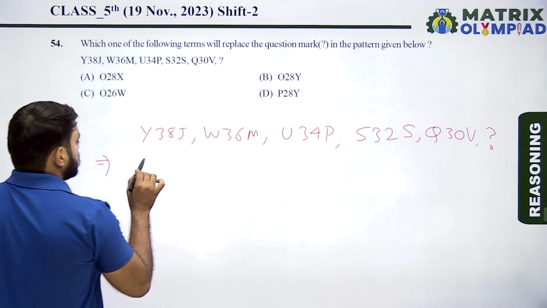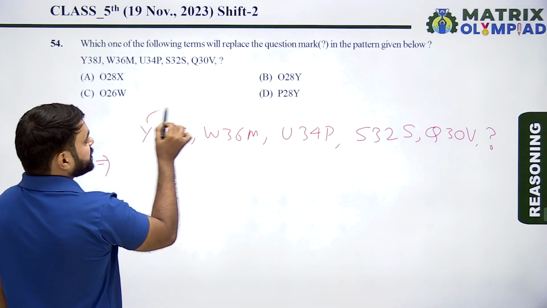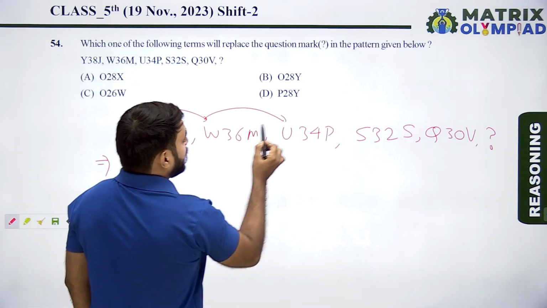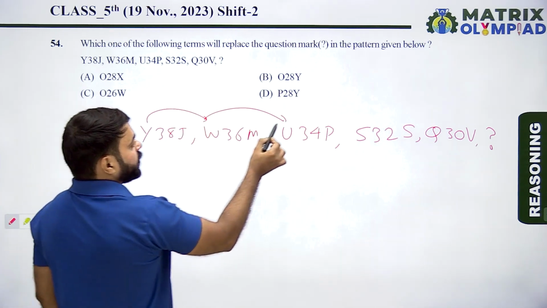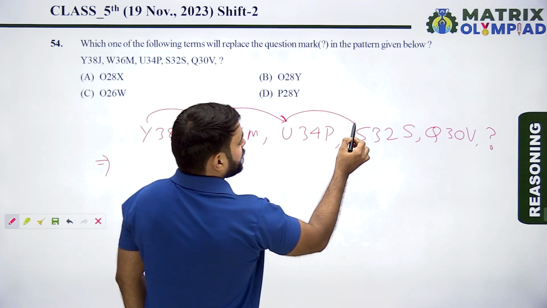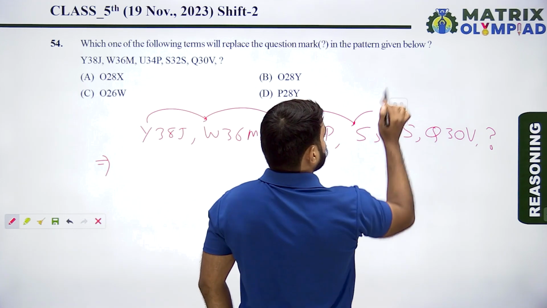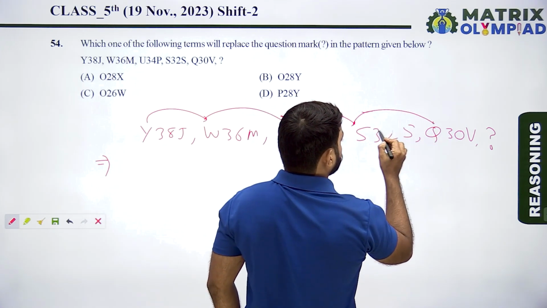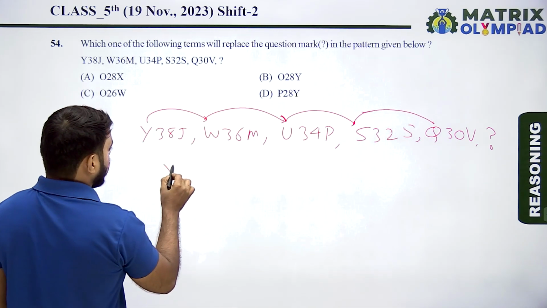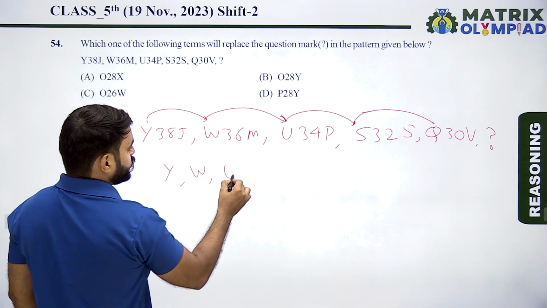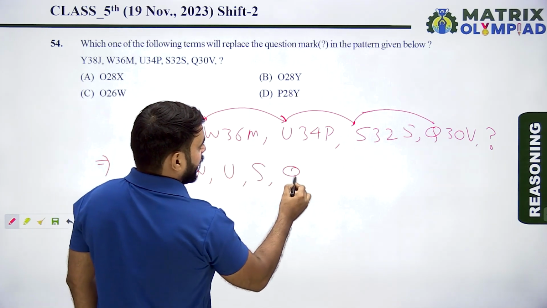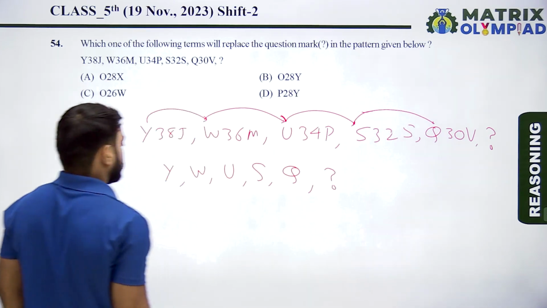So first choose the first alphabet of each term. So first alphabet of each term is Y, W, U, S, Q, and next is missing.